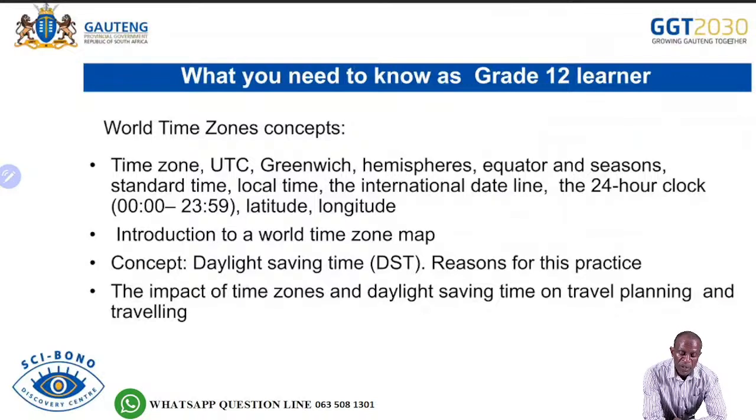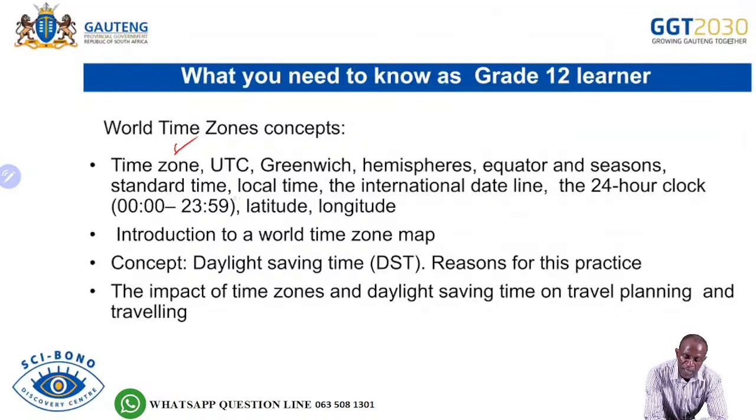In our discussion, we spoke about the time zones. We spoke much about the UTC, the Greenwich, the hemisphere, the equator, the seasons, the standard and local time, the international dateline, the 24-hour clock, the longitude and the latitude.